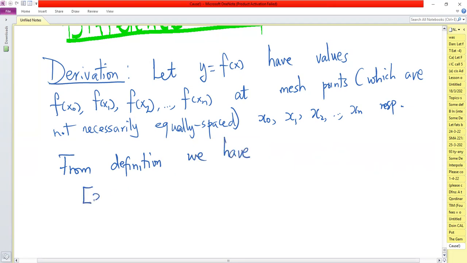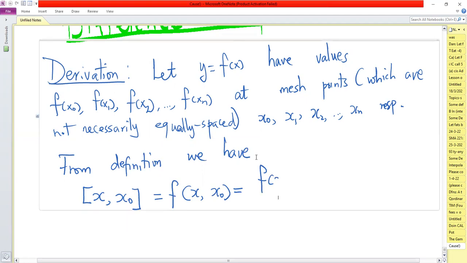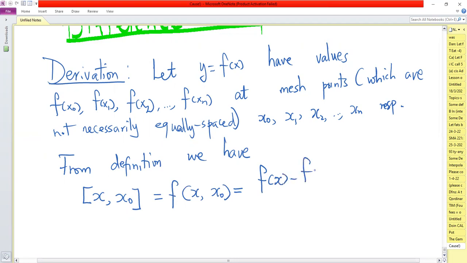The first divided difference of a general value x and this first mesh point x0, which can as well be written as f of x comma x0, is given by the value of the function at x minus the value of the function at x0, divided by x minus x0.